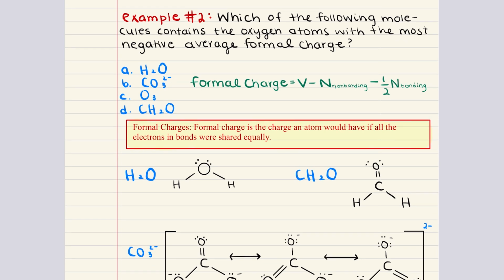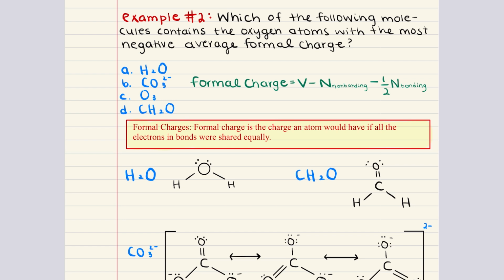Problem 2 says, which of the following molecules contains the oxygen atoms with the most negative average formal charge? Now, to determine which molecule contains oxygen atoms with the most negative average formal charge, it's going to be important that we understand the concept of formal charge.